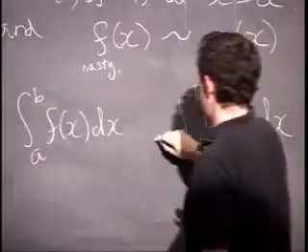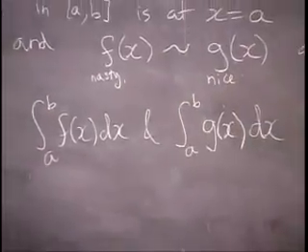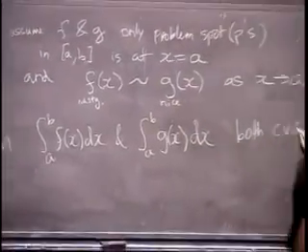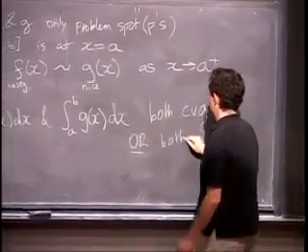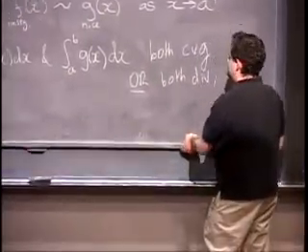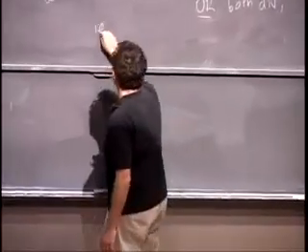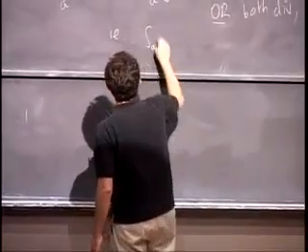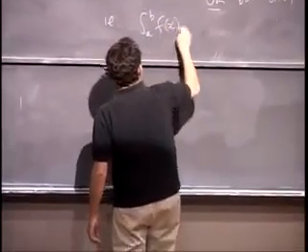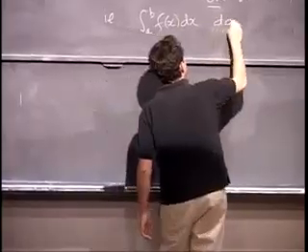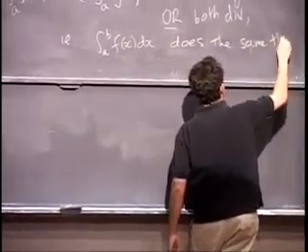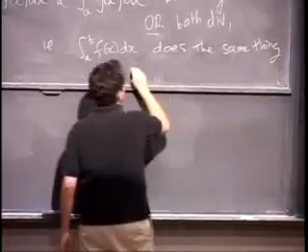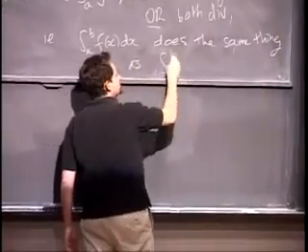Then this and this both converge or both diverge. So practically speaking, this does the same thing as the simpler integral.